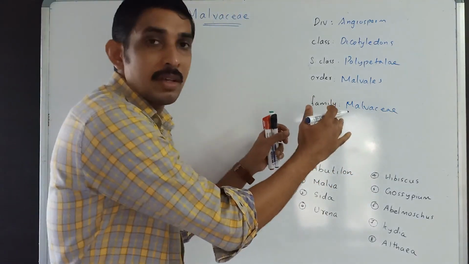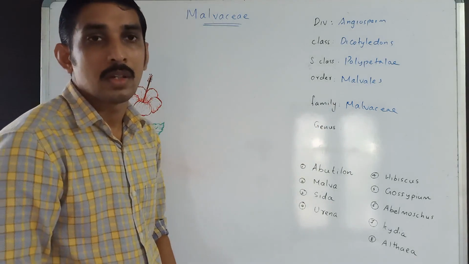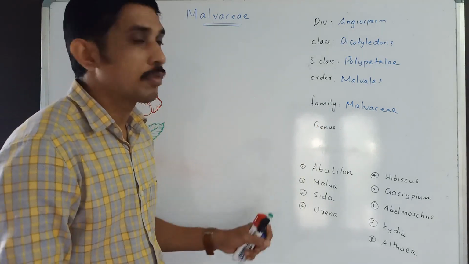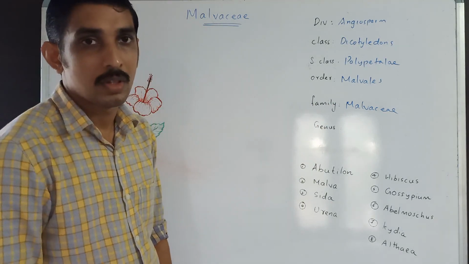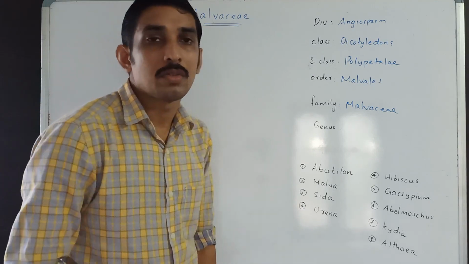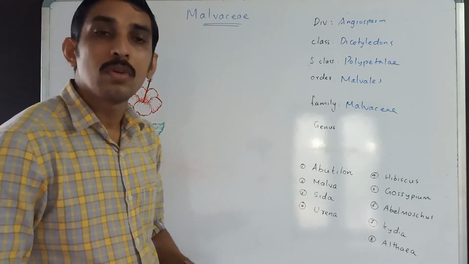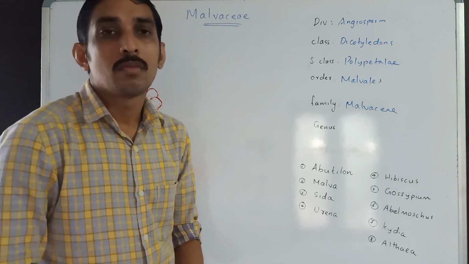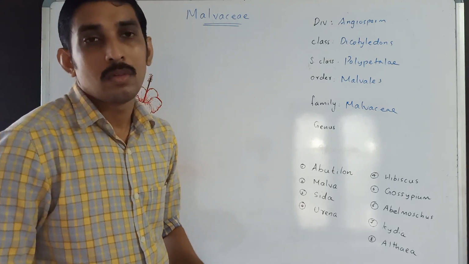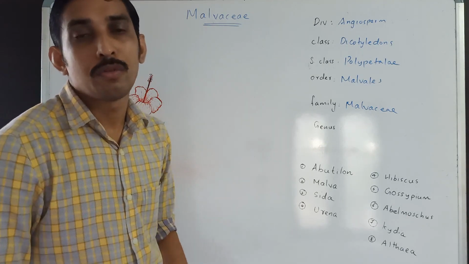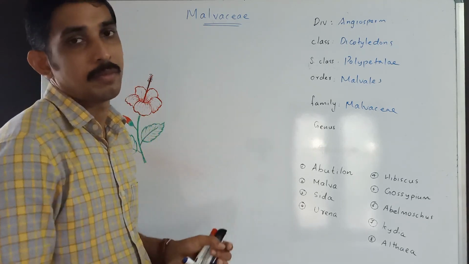This Malvaceae family consists of a vast and wide variety of plant species. Here we are going to study the general features of the family Malvaceae. Before going to study the details of this family, we want to know a few examples of plants belonging to this family.